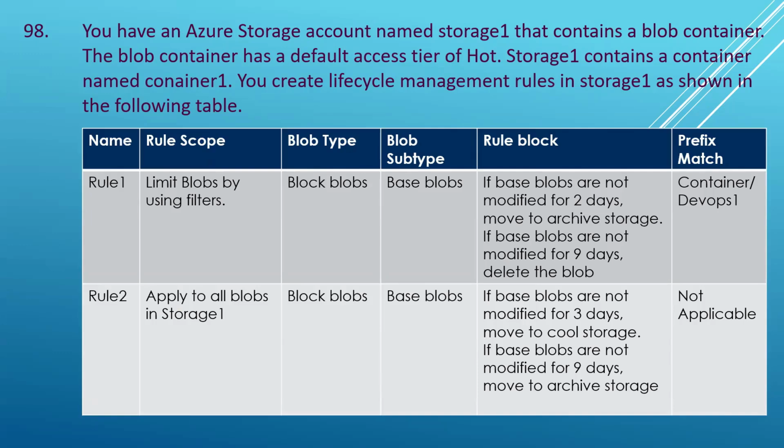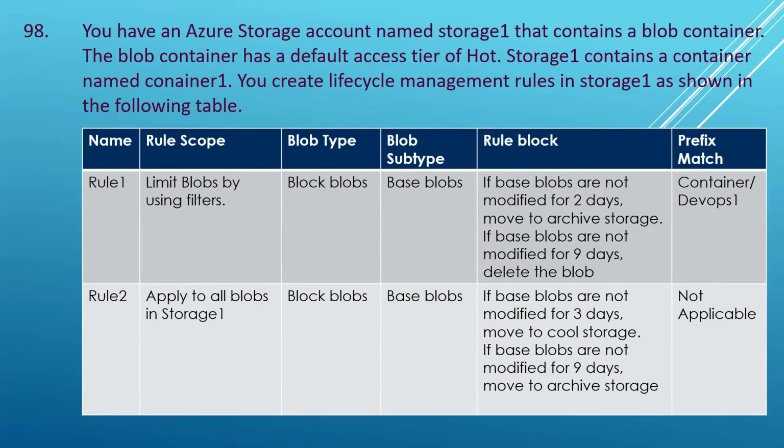The first rule, named rule 1, limits the scope of blobs by using filters, and there is a prefix match set on it, which is container/DevOps1. The rule is if base blobs are not modified for 2 days, move to archive storage. If base blobs are not modified for 9 days, delete the blob.